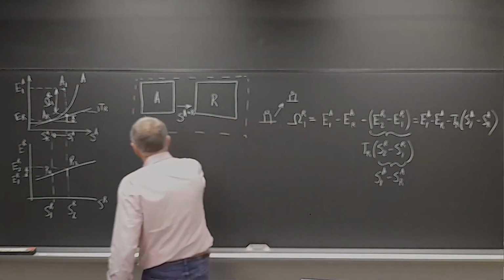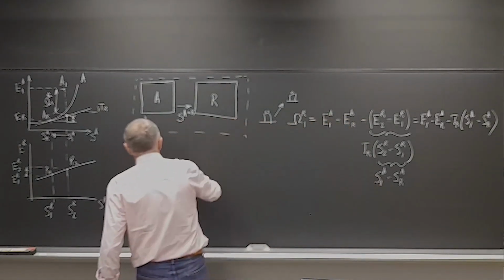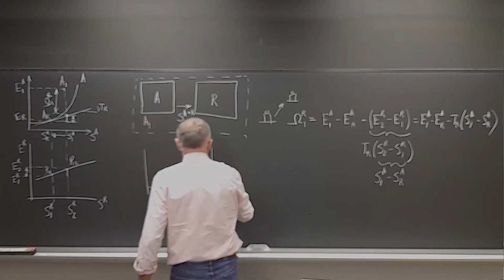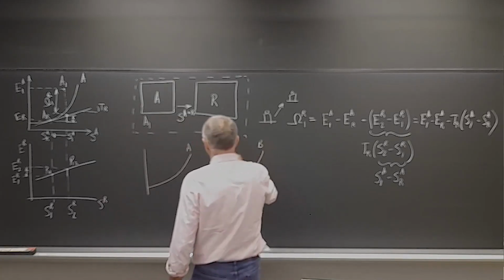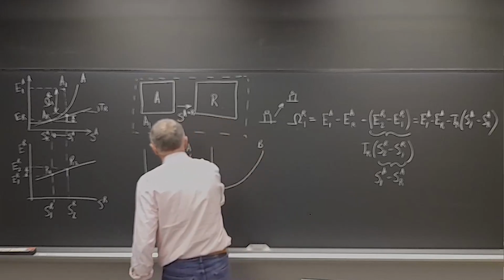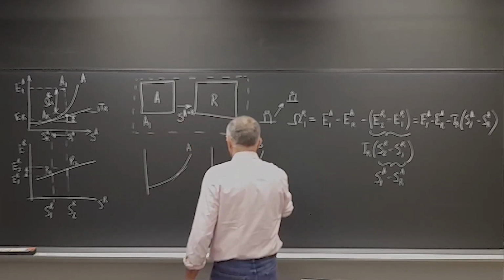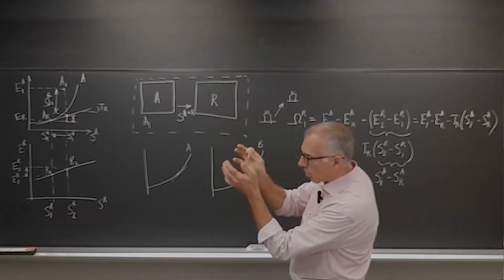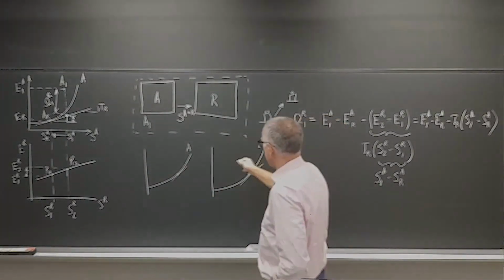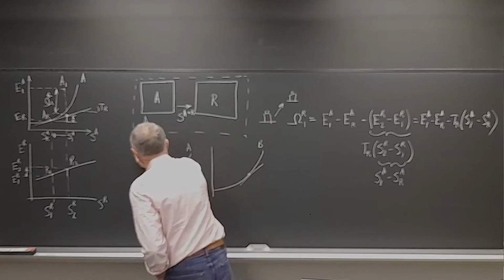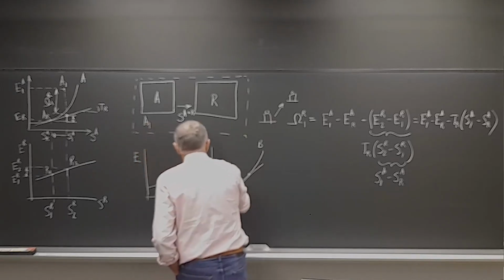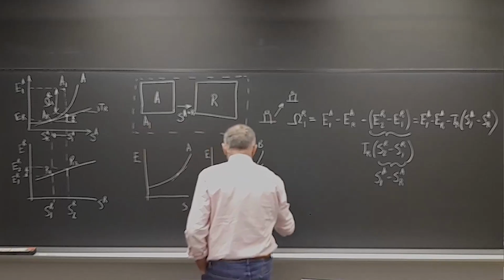So, for example, here's my system A, here's my system B, in the mutual equilibrium state. So now these are the local energy entropy diagrams. Sometimes I forget to write the E and S because I take it for granted, but I shouldn't.